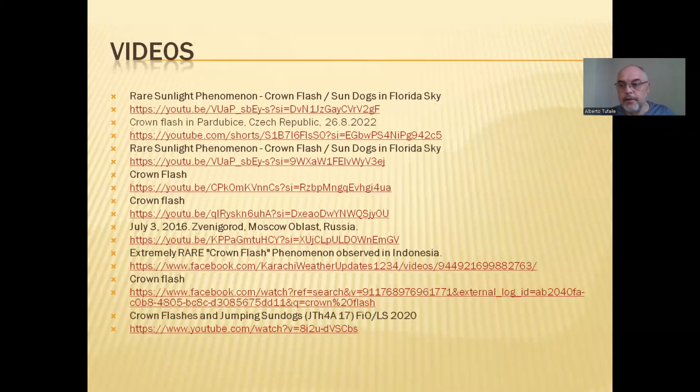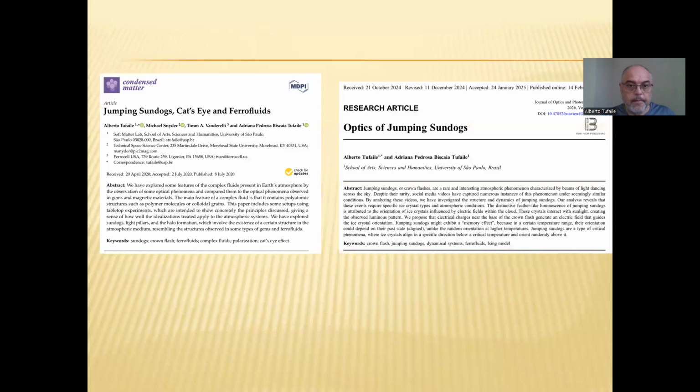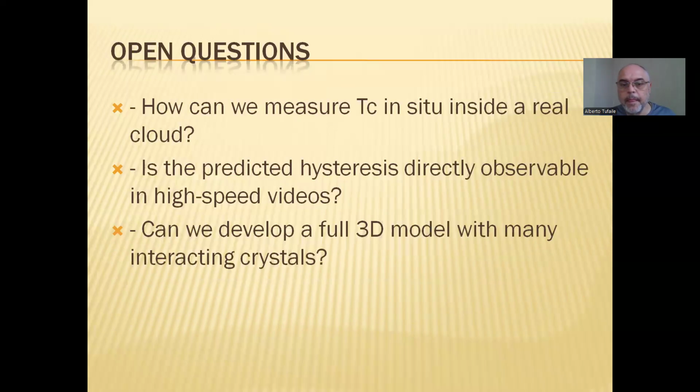These are some videos that we used to do this work. You can see here some previous papers working with the system. And these are the open questions: how can we measure the critical temperature in situ inside a real cloud?